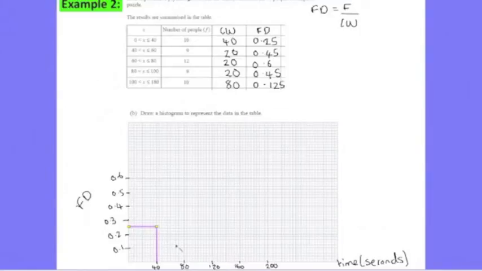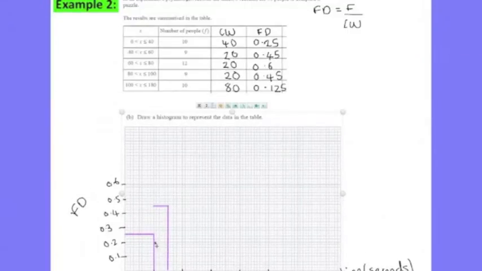The next one, 0.45, goes over to 60. So the line goes up to 0.45 and across. We can then extend our line up to meet the other bar.